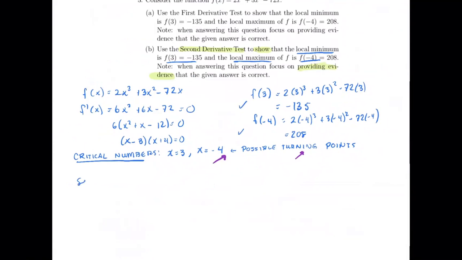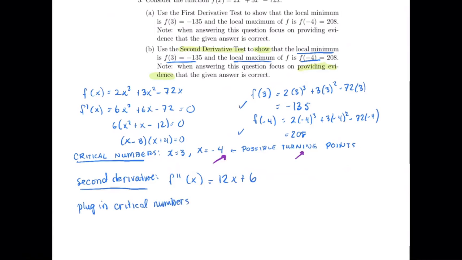So the second derivative is just f double prime of x equals 12x plus 6. And then if you remember the second derivative test, all you have to do is plug in the critical points, or the possible turning points.